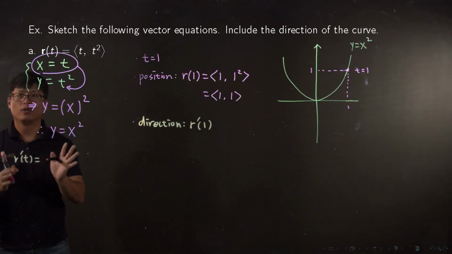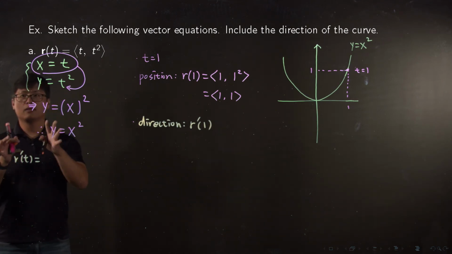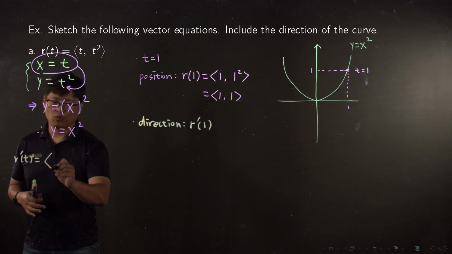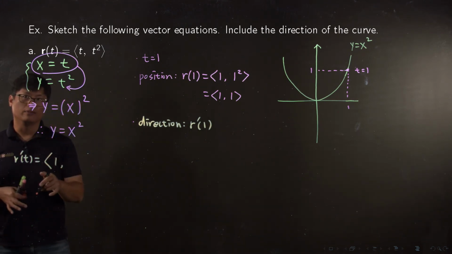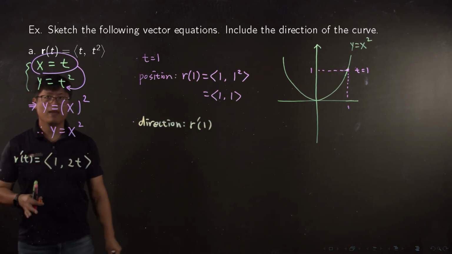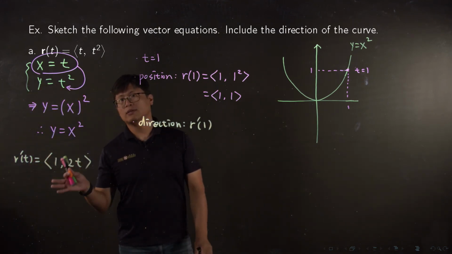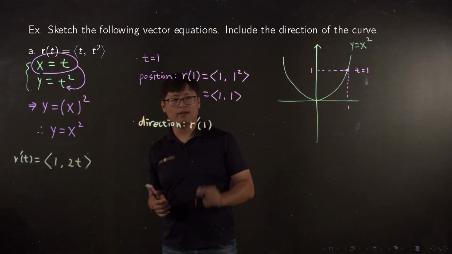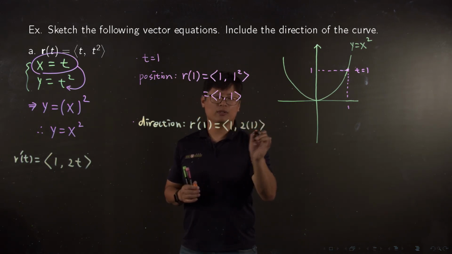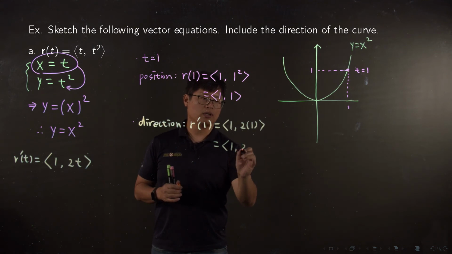As I told you, just take the derivative component-wise. Your x component is t, then t prime is 1. And the y component, t squared prime, is 2t. This is your r prime, and this will give you the direction. Let me plug in 1 there. Then it is equal to 1 comma 2 times 1, which is 1 comma 2.